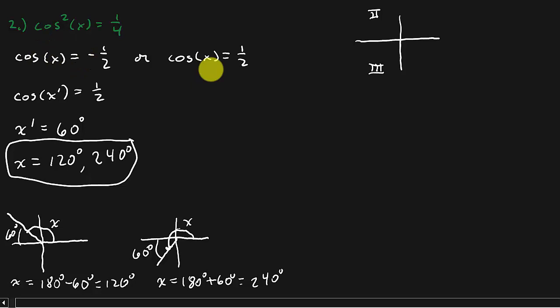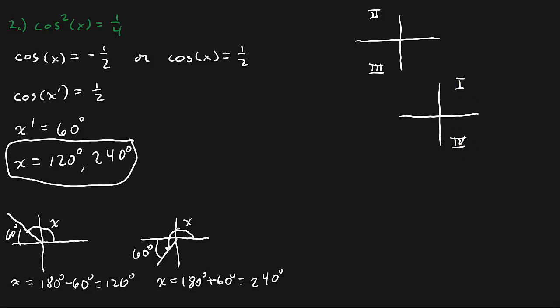Now we've got to do cosine x equals positive 1/2. So let's come over here. We got cosine equals a positive number. So that tells us our solutions are in the first and fourth quadrant. Remember, find your reference angle. So let me ask you this.